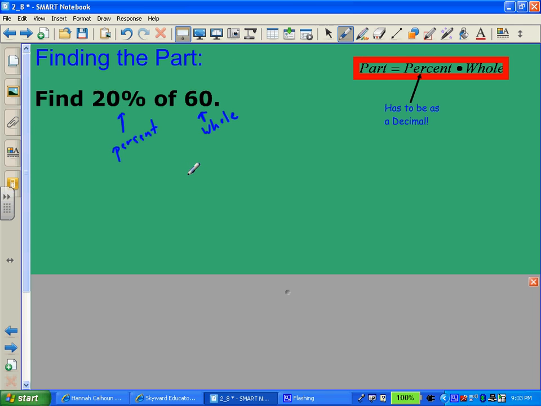Now, I don't know what the part is, so I can just call that x. The percent is 20%, but I have to change that into a decimal, so it's going to be 0.2. And then the whole is 60. So essentially I'm doing 0.2 times 60.